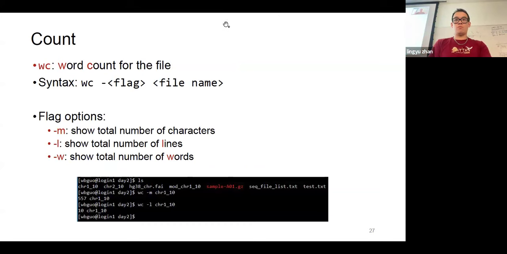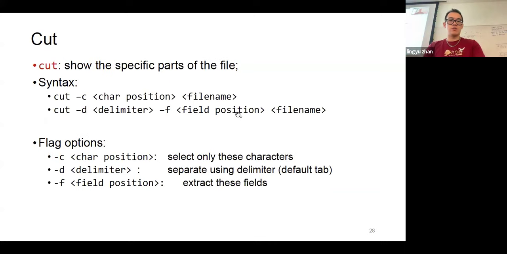Okay, let's move on to the next part. The next command that we're going to learn is cut. Just by looking at the name, it will cut out parts of the file for you, extracting part of the file and showing it on your screen.